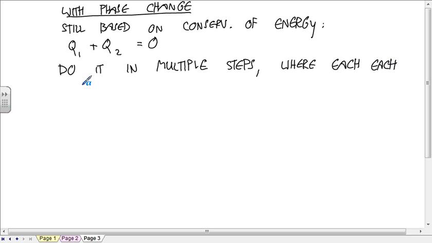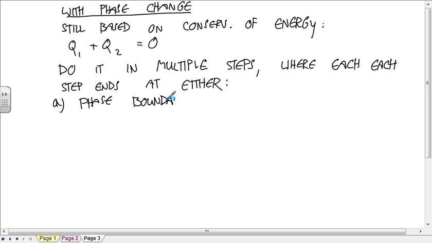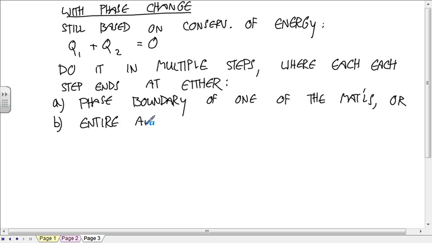Where each step ends at either a phase boundary of one of the materials or the entire amount of one material completing its phase change.